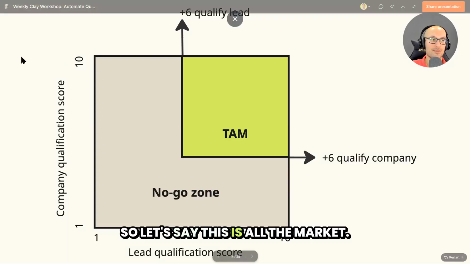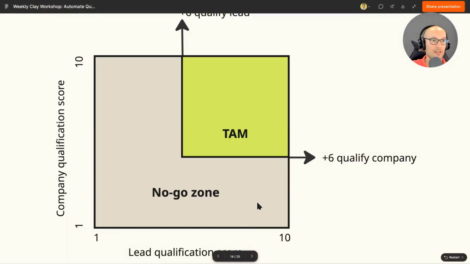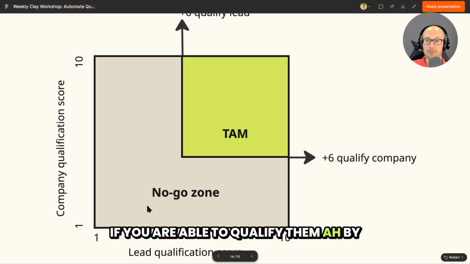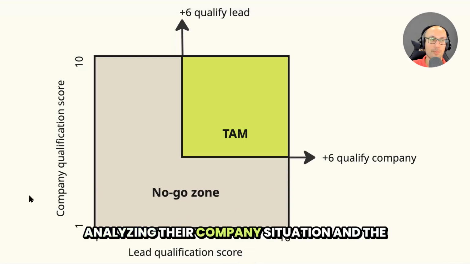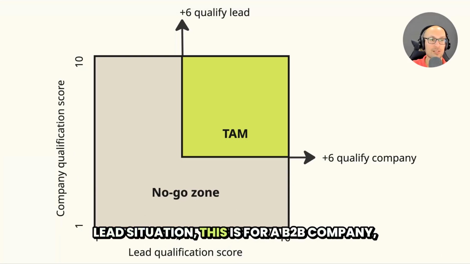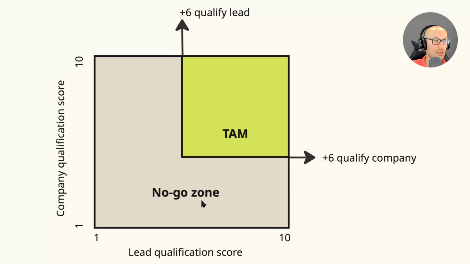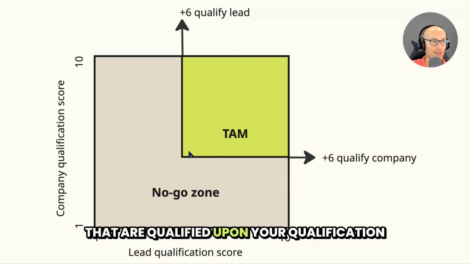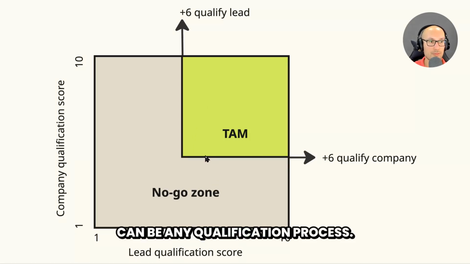So let's say this is all the market. If you are able to qualify them by analyzing their company situation and the lead situation, this is for a B2B company, of course, you will find out that there will be leads that are qualified upon your qualification process. It can be any qualification process.